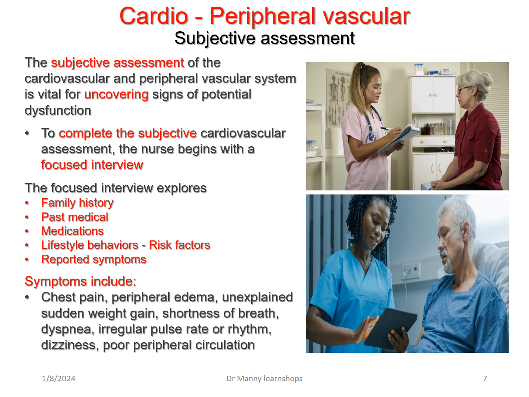Symptoms are reported in the subjective assessment. These could include chest pain, edema, unexplained sudden weight gain, shortness of breath, dyspnea, irregular pulse and rhythm, palpitations, dizziness, and poor peripheral circulation.